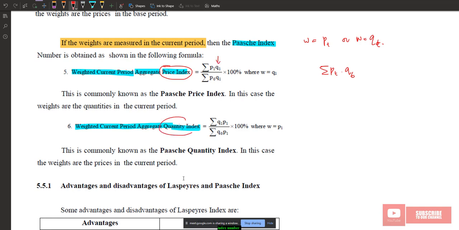When we are measuring the quantity index, the weight should be price.